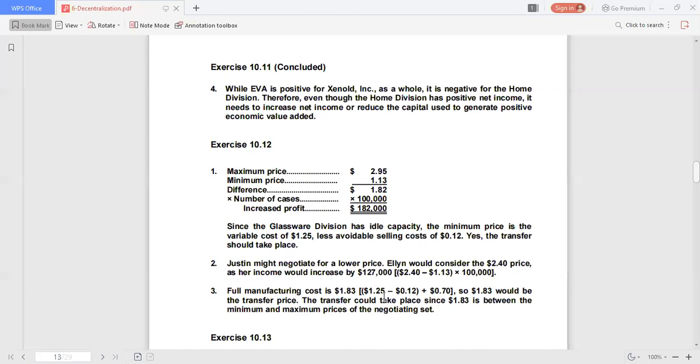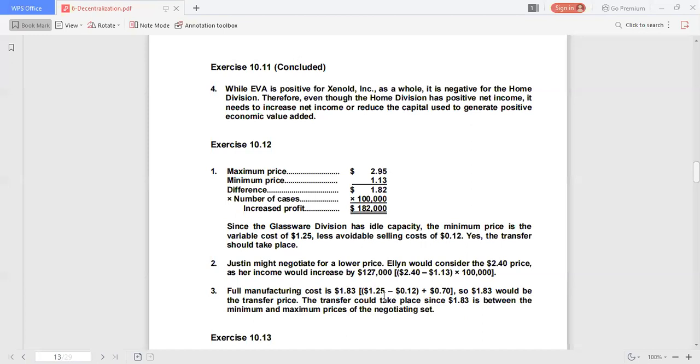So we are now trying to consider a higher price than the one given here. So in number two, we have, would you be interested in this price? Yes, to the extent that negotiating for a new lower price would involve an added income.